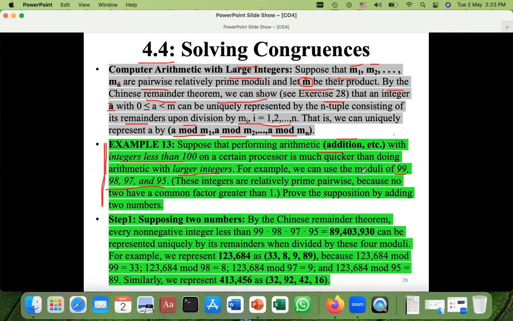We are saying pairwise relatively prime moduli: if you make pairs of 99, 98, 97 and 95, their GCD is 1. When they are relatively prime, it means there is no common factor between the pairs greater than 1.